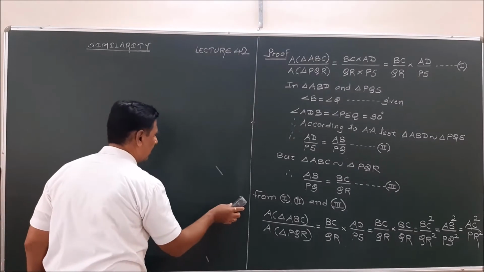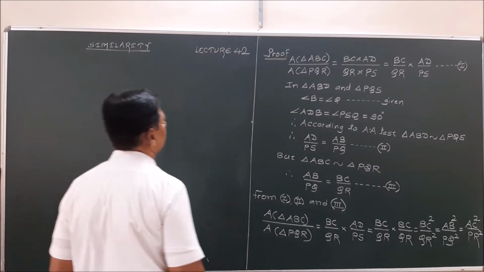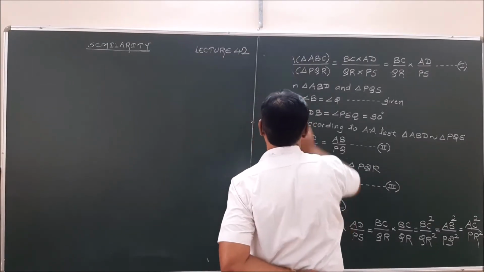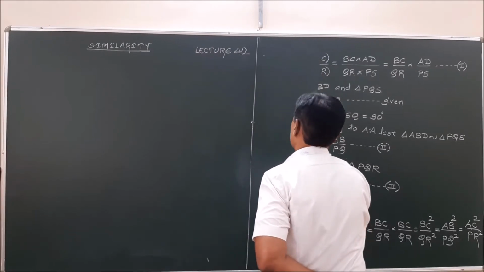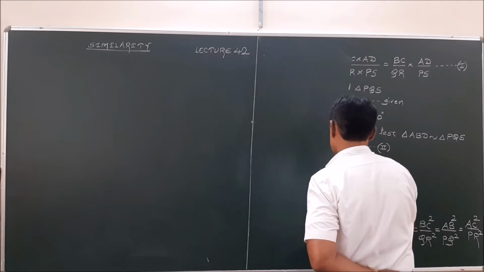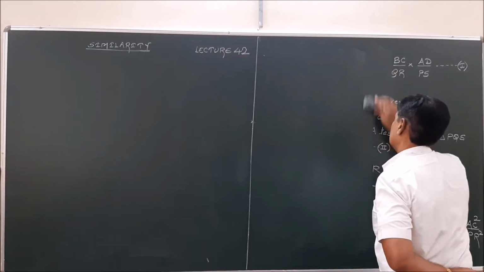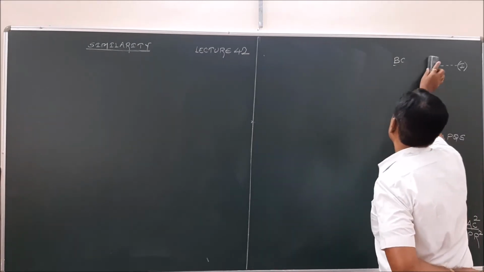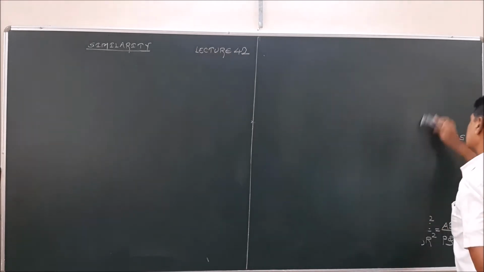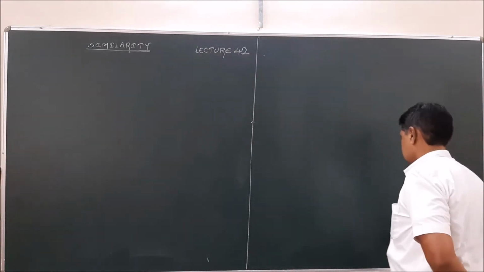So there are two theorems which are very important from this chapter. The first one, you all know, is the basic proportionality theorem. The second one is the theorem of areas of similar triangles.